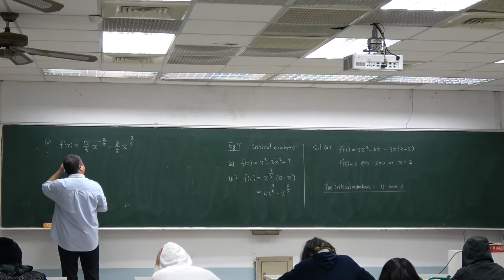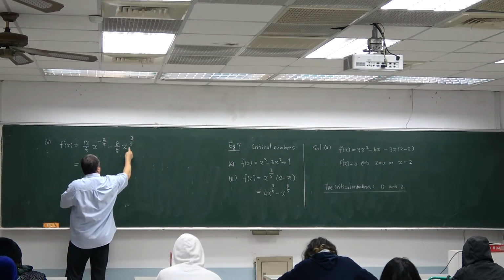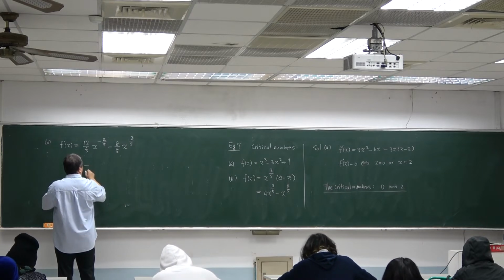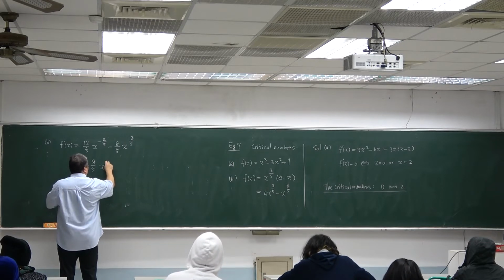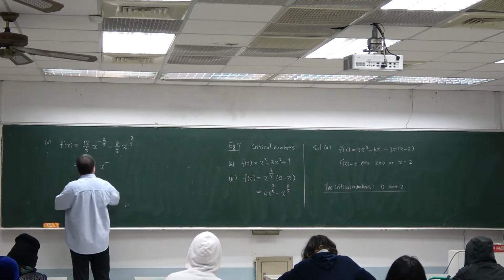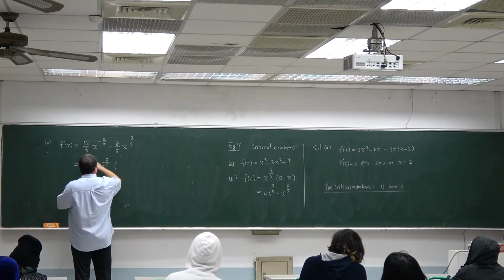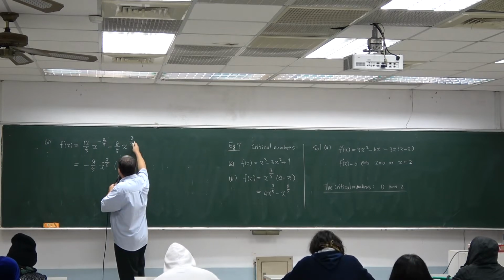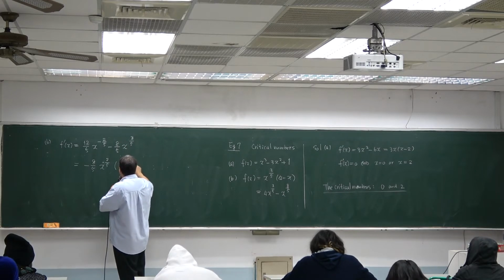So this exponent is larger than the first one. Oh no, we have to use the smaller one. Smaller one is this one. So this is x minus 3/2.